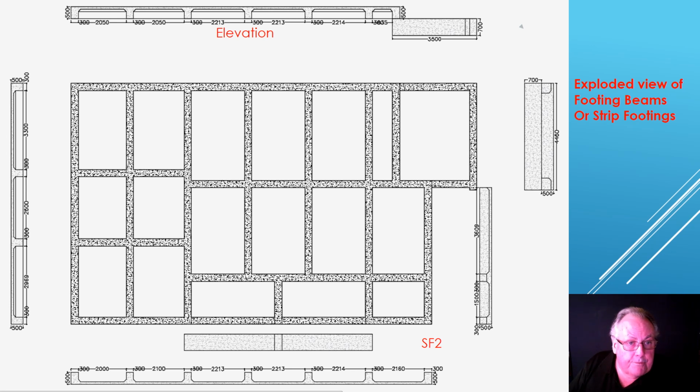The distance from this edge to this edge, 3 meters 300, and this comes into play a little bit further on when we work out the internal perimeter of each rectangle. Okay, so also we have this detail here, which is SF2, and also there is an SF1, and we'll be looking at that as well.